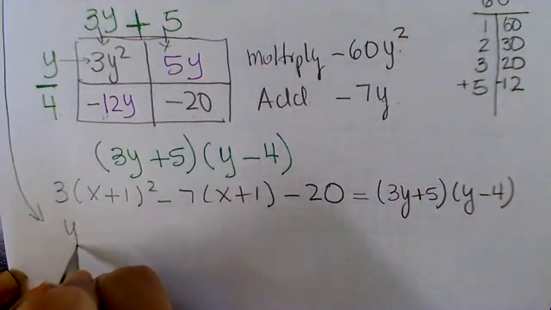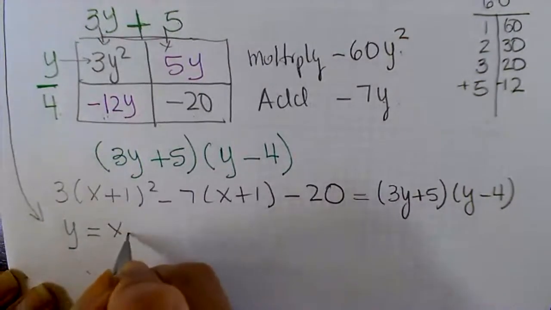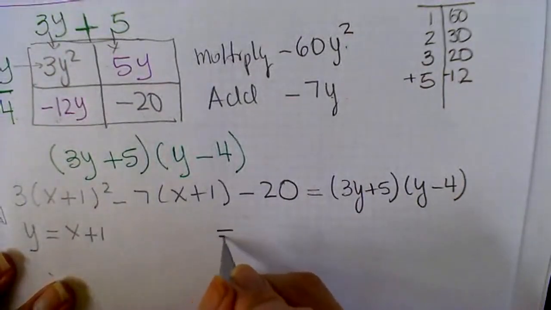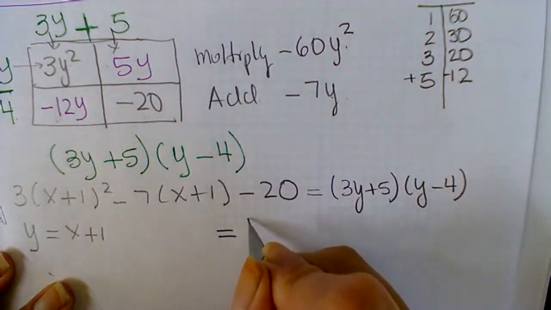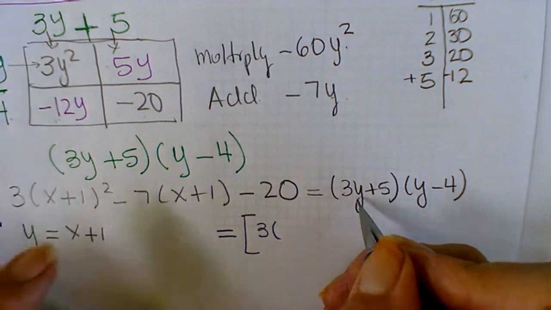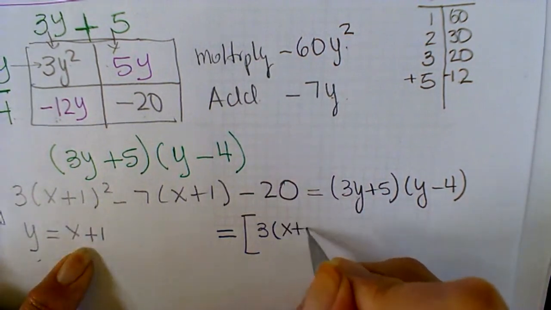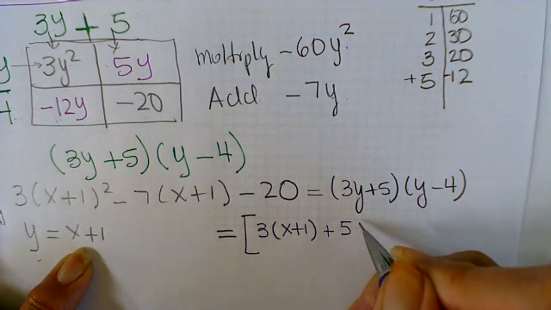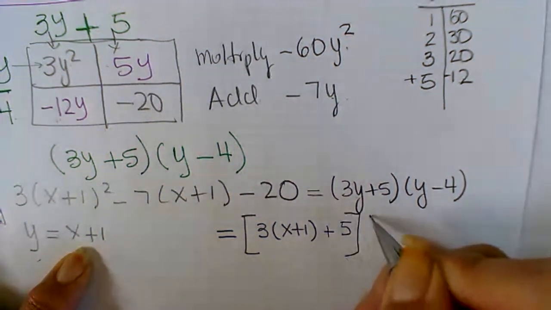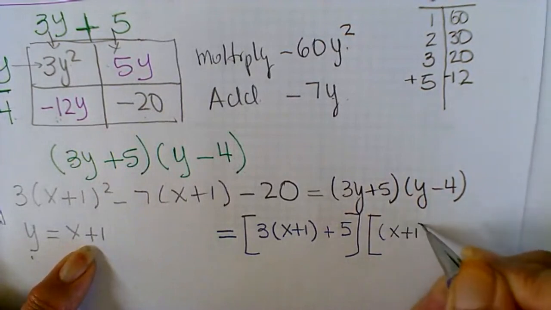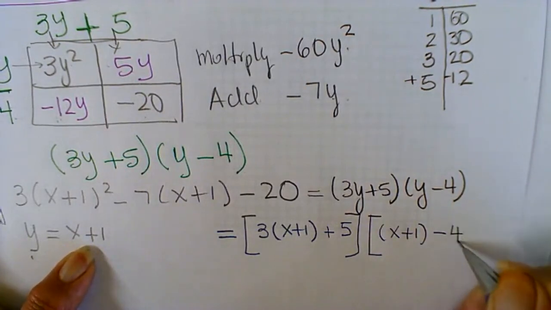So this is going to be 3 times what? What is y? X plus 1, plus 5. And then this one, what was y? X plus 1, minus 4.